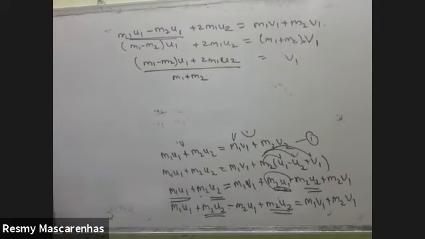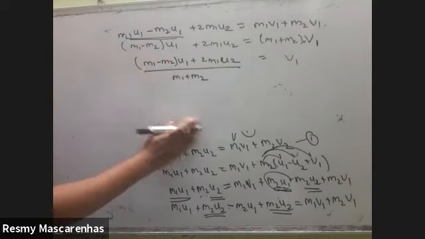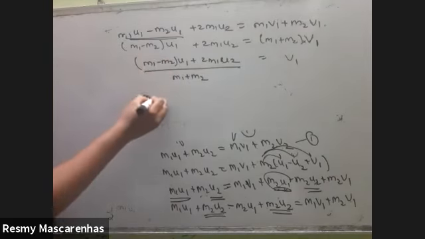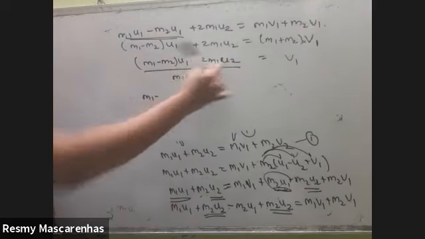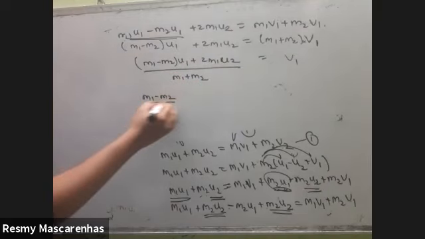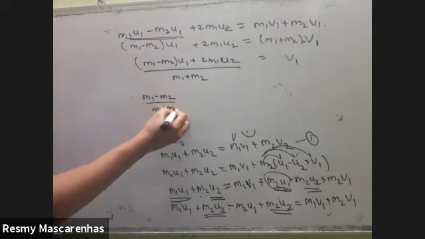That's the value of v1. You can distribute if you want. So this will be m1, this will get divided on both the terms.